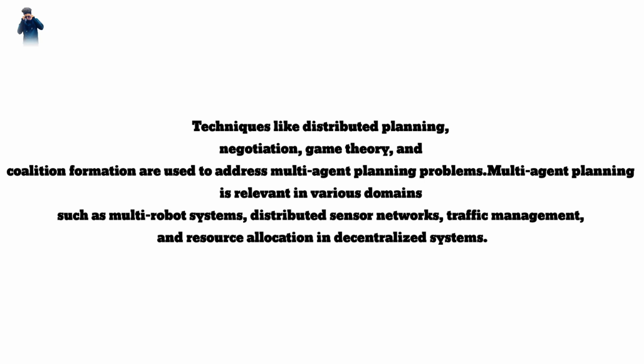Techniques like distributed planning, negotiation, game theory, and coalition formation are used to address multi-agent planning problems. Multi-agent planning is relevant in various domains such as multi-robot systems, distributed sensor networks, traffic management, and resource allocation in decentralized systems.